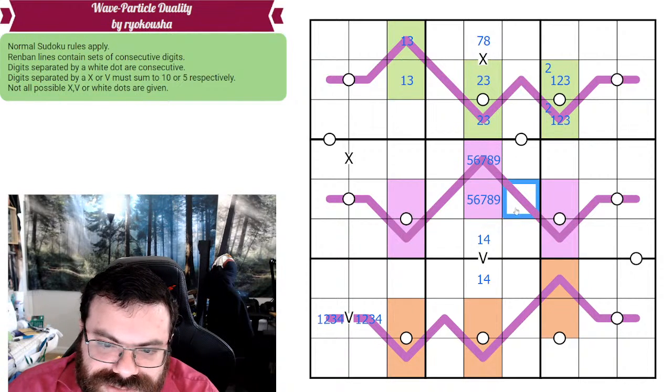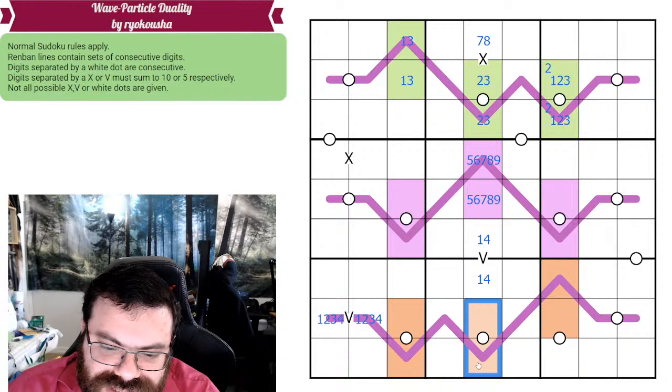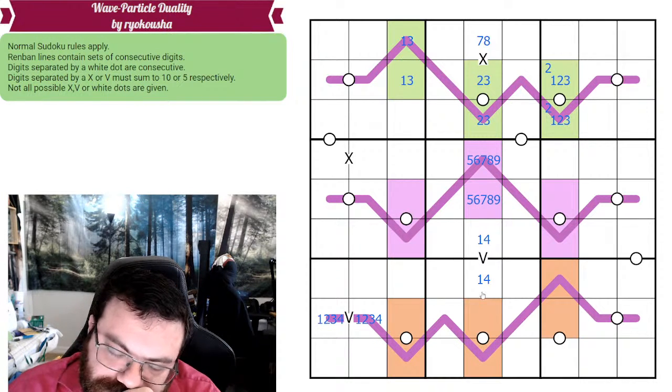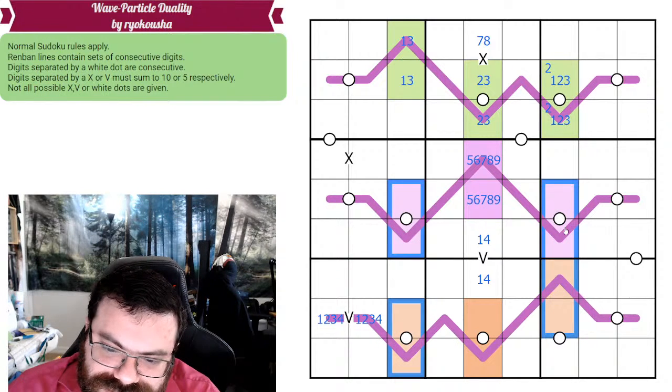So this is 7-8. So this can't be 7-8 either. This can't be 7-8. So one of these is 7-8.